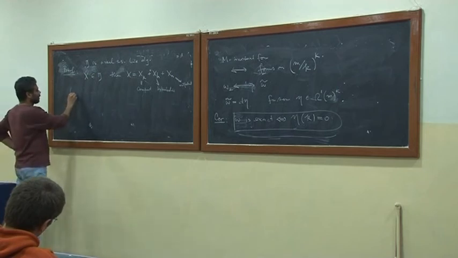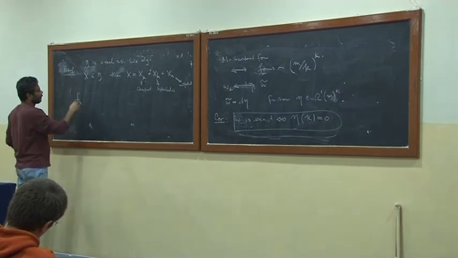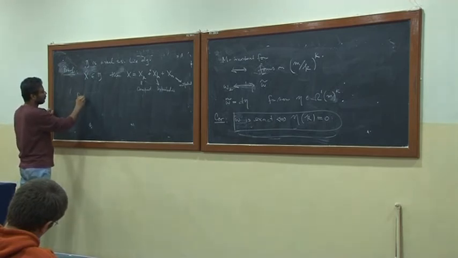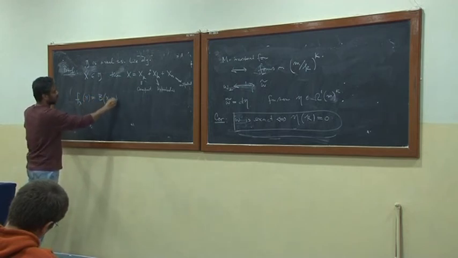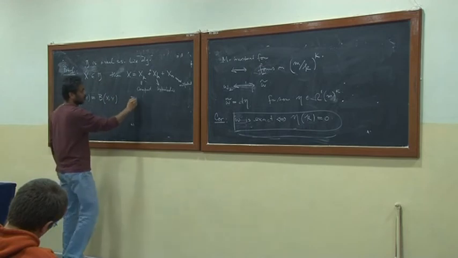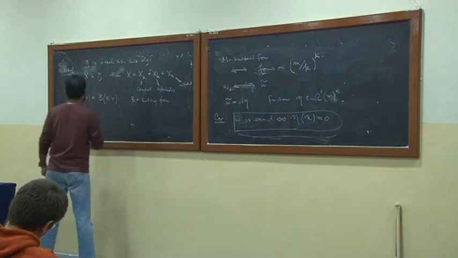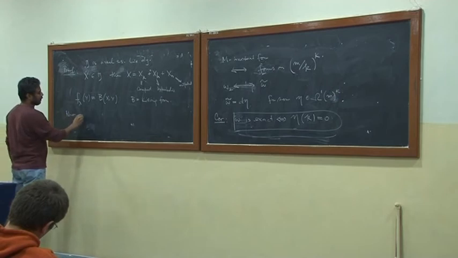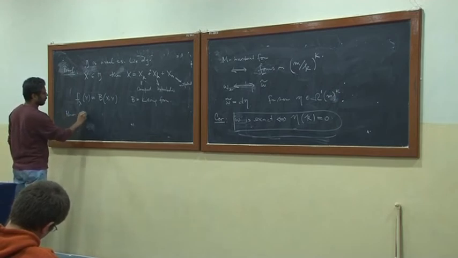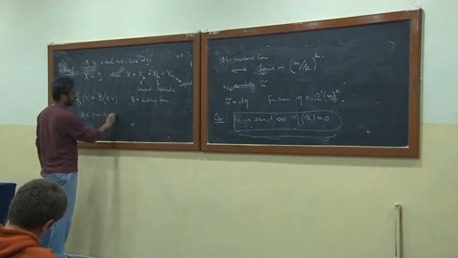Now consider f of x, the form that comes through is B of x, y, where B is the Killing form. Now this, using that corollary, is exact.